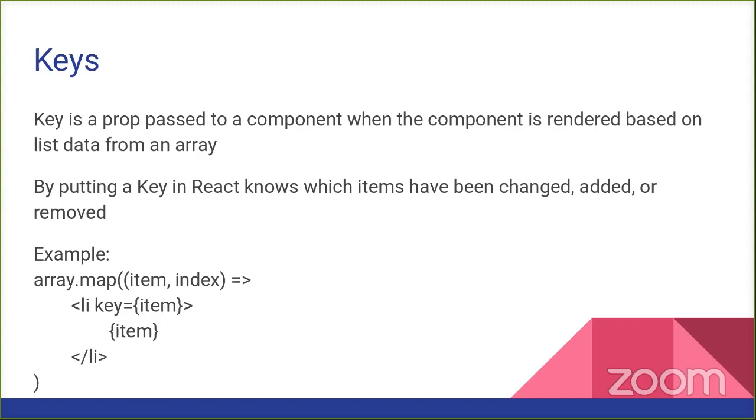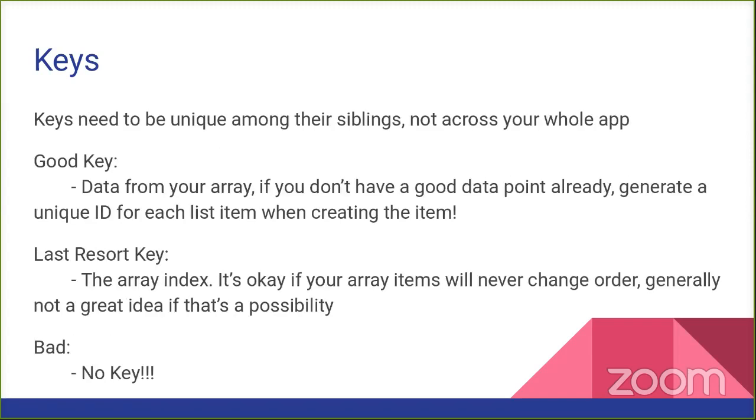So by putting a key there, React can expect what you're doing and handle it appropriately. In the example down here, we say array.map, and then we have our function, and inside of our list item element, we pass key equals item. That's really all you have to do, assuming you have a good key.